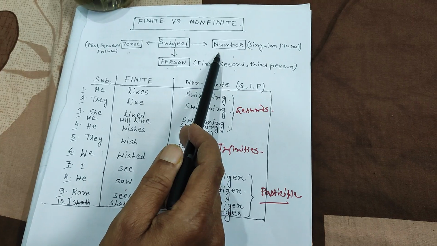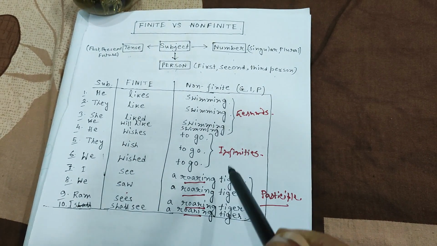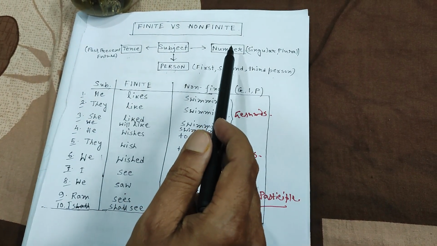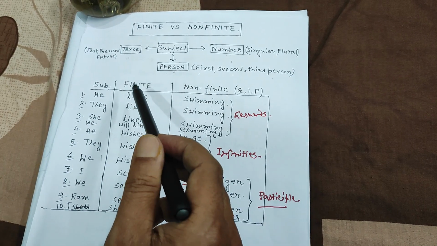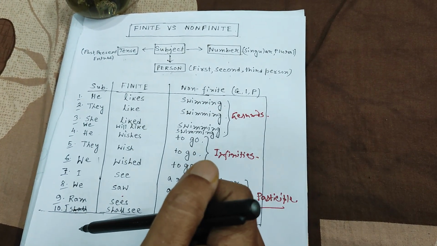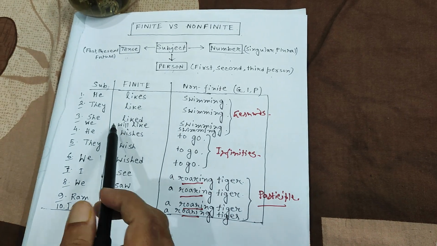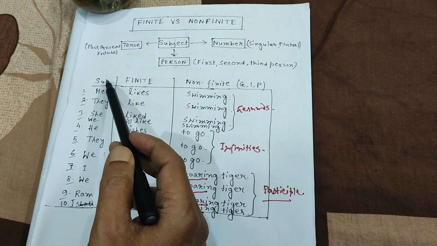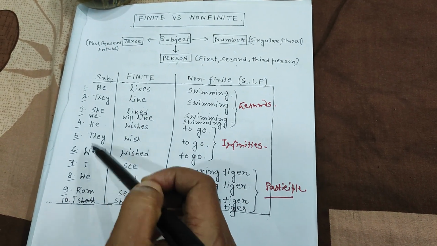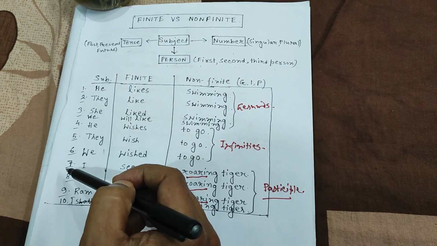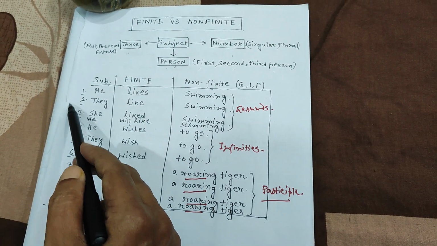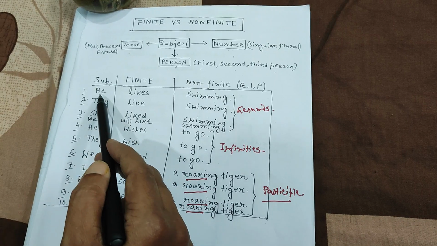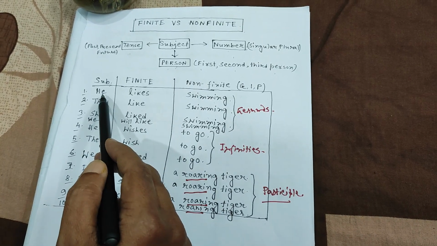Now understand each of these parameters with the help of the following examples. In this left column, I have written some subjects of different persons and different numbers. Now let us read the sentences.